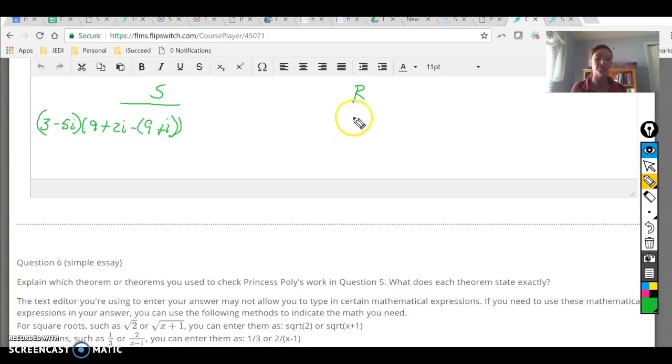Our reason for that was factor 3 minus 5i. Then the next step is (3 - 5i), and I'm going to distribute that negative sign: 9 + 2i - 9 - i. And that's the distributive property.